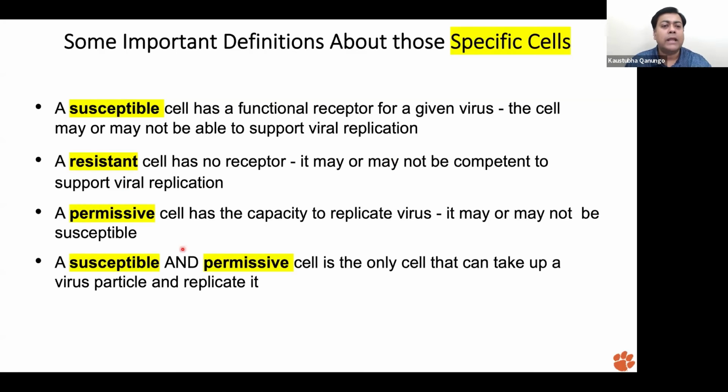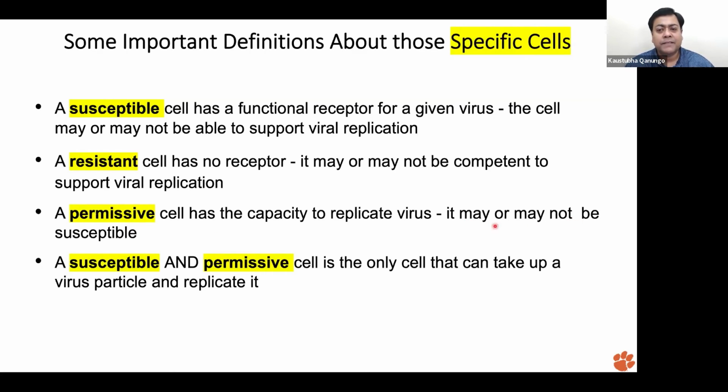The next one is a permissive cell, which has the capacity to replicate the virus. If the virus is inside a permissive cell line or type of cell, it will replicate the virus. And again, this is the important part: it may or may not be susceptible. What does it mean?